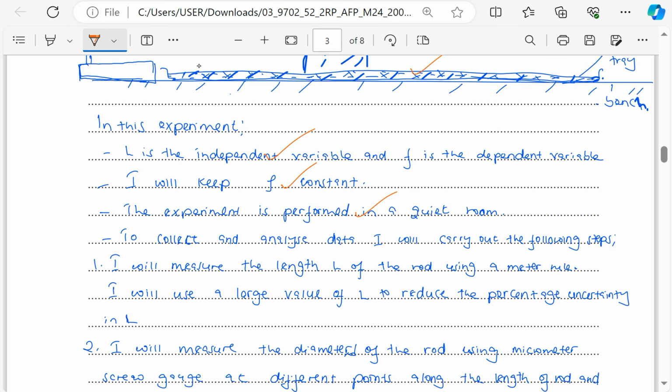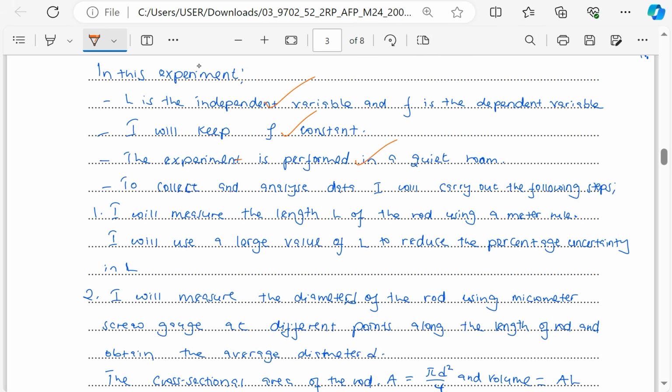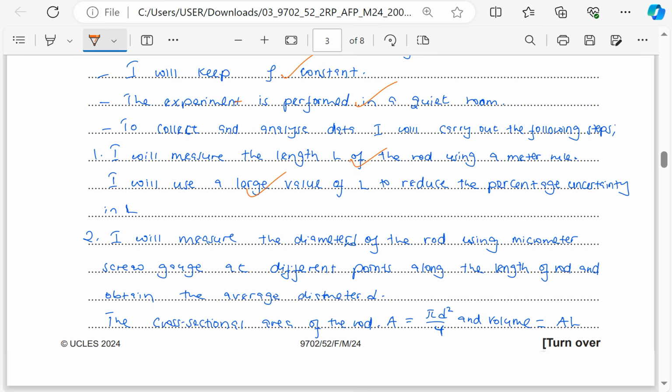Saying that I'll perform the experiment in a quiet room because it is a sound experiment, it must be performed in a quiet room. Then I'll measure the length L of the rod using a meter rule, that is correct, one mark. Using L as large as possible, that is a marking point.